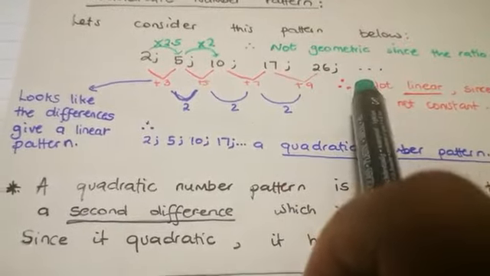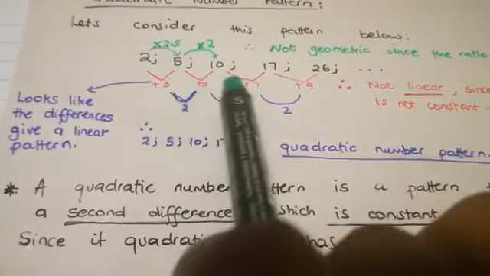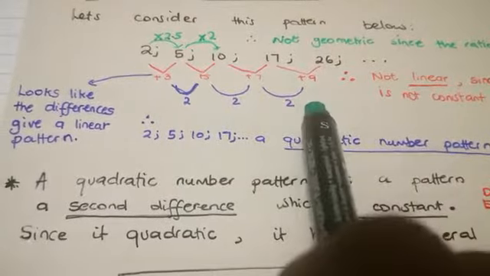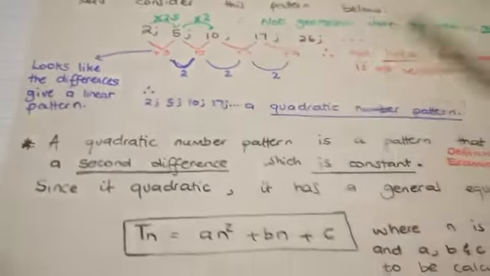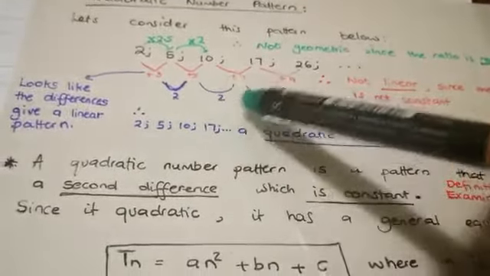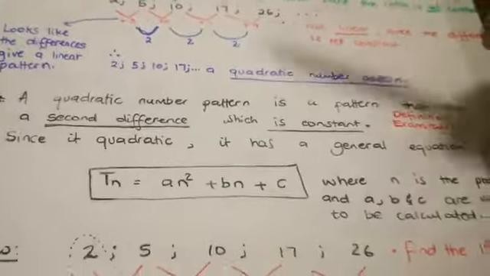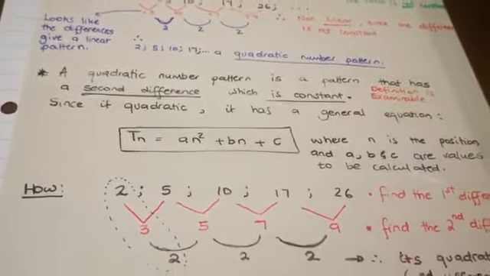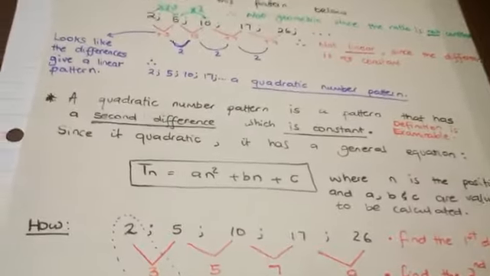Then to determine if this is linear, you needed to do another difference. This other difference, we say it's the second difference. If it has a second difference that is constant, if these numbers are the same throughout, then the number pattern that you have is quadratic.